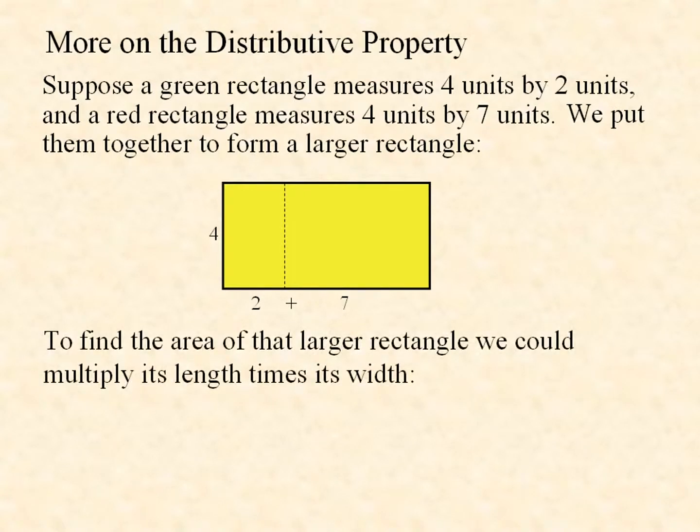To find the area of that larger rectangle, we could multiply its length times its width. That's 4 times the quantity 2 plus 7, or 4 times 9, and we get 36.